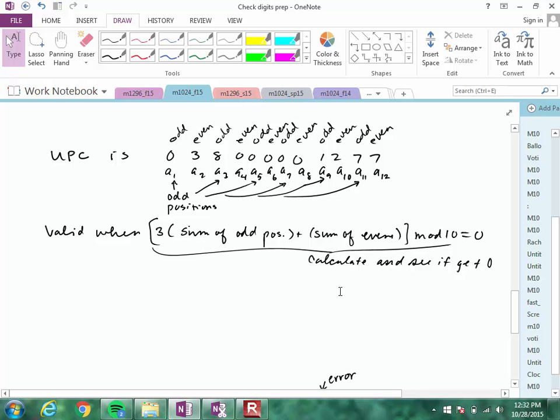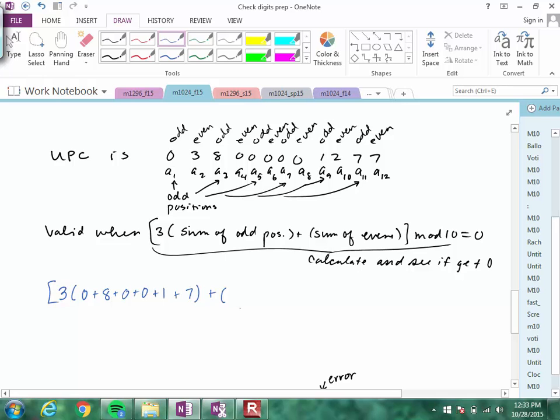So going through the positions, we have 3 times parentheses, the sum of the odd positions. The first one is 0, the 3rd one is 8, the 5th one is 0, the 7th one is 0, the 9th one is 1, and then a sub 11. Then plus the sum of the even positions.